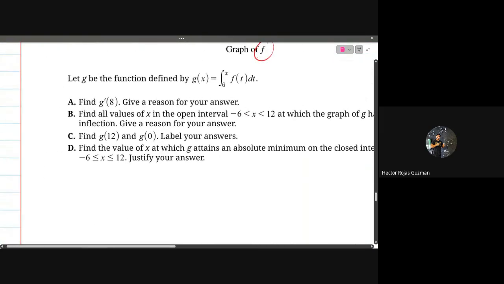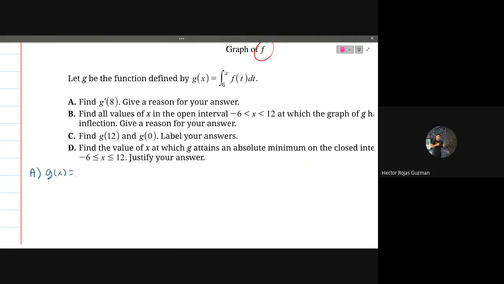Part 1, find G prime of 8. I'm going to start by first writing G of x. G prime, fundamental theorem of calculus here. When you take the derivative of the integral, it cancels it out, and you have to plug in the upper limit of integration, the variable, into the function. So G prime is equal to f.